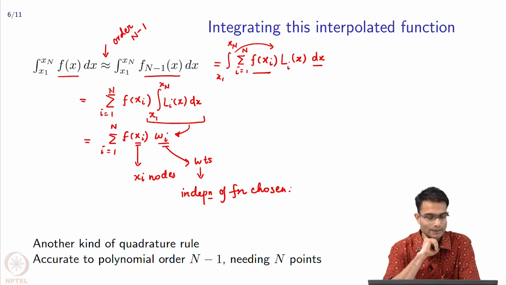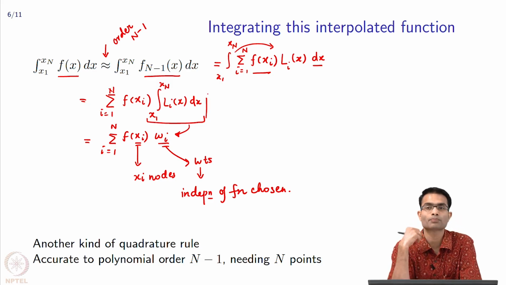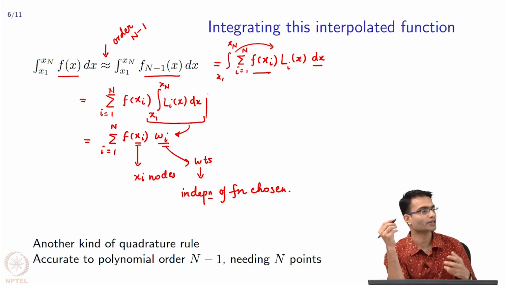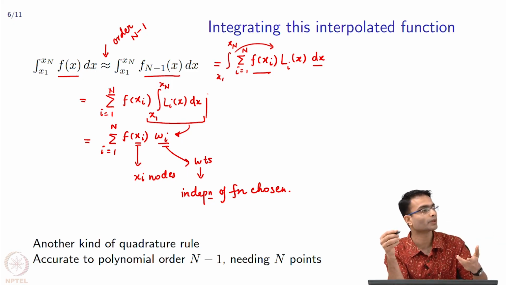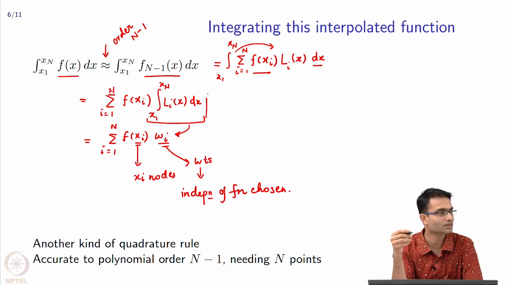Okay. So, another advantage is that this w i, you can pre-compute and keep it. You can store it as a table. You do not have to solve it when you are actually given an integral. It is not that at that time you should start to compute w i. You can pre-compute and keep it. In fact, there are many mathematical libraries which will tell you the values of w for various intervals or whatever.